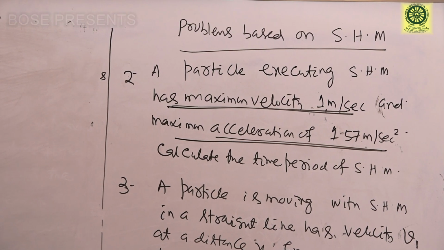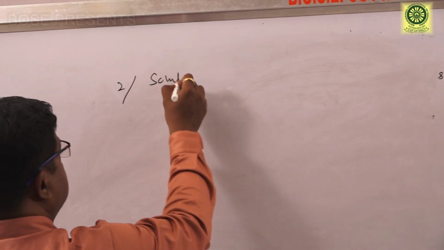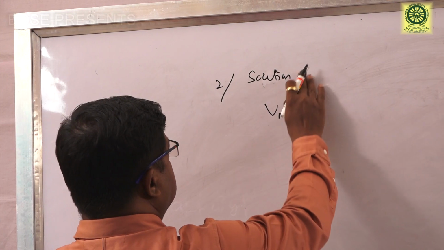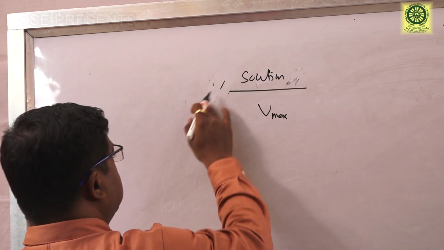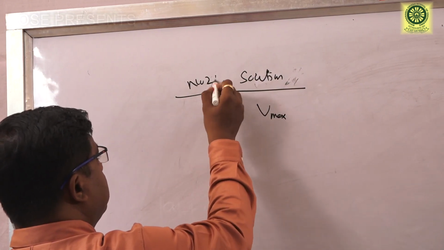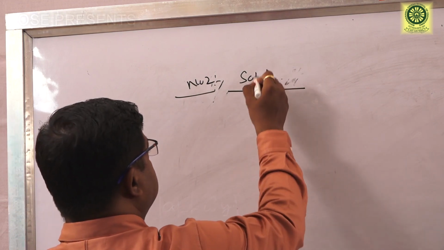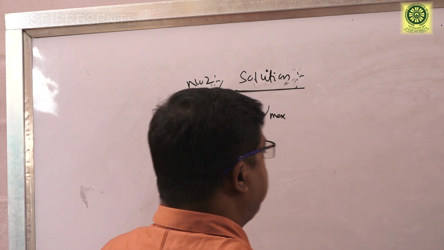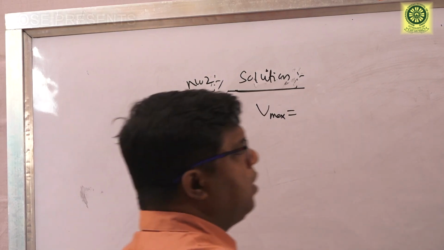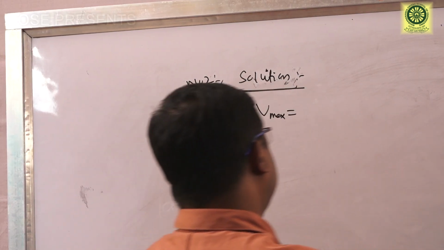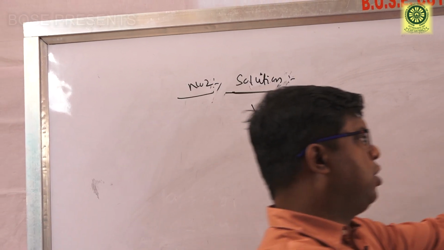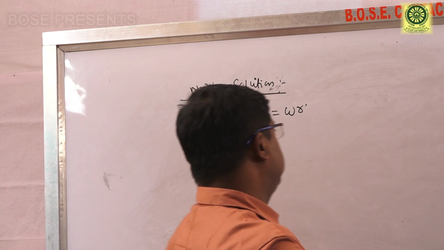Solution of problem number 2. The maximum velocity of a particle in SHM, you know, is V max is equal to omega into r, and it is given as 1 meter per second.